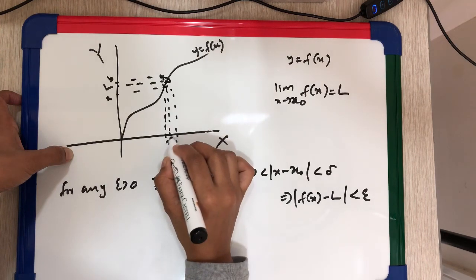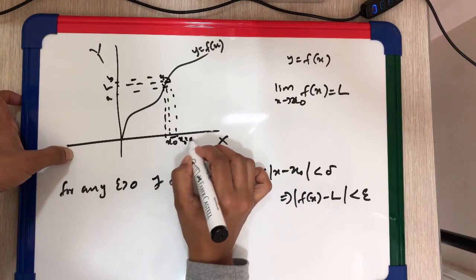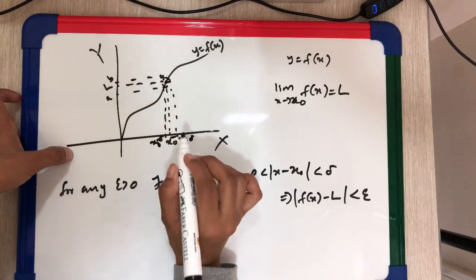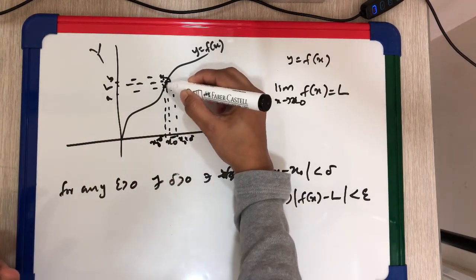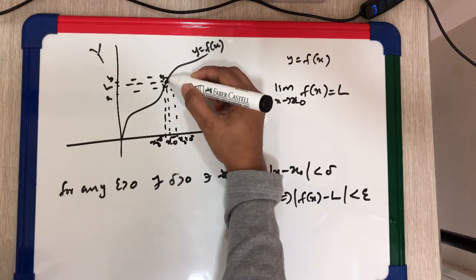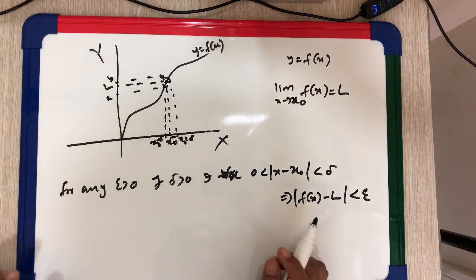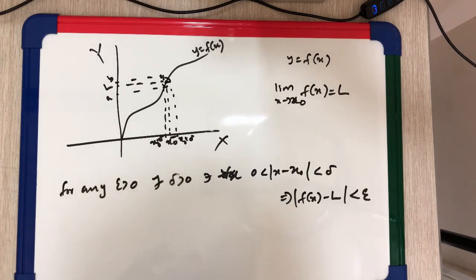We should get a delta distance, x0 plus delta, x0 minus delta. We should get a small delta keeping this function within this limit for any epsilon greater than 0. We will understand the concept more clearly while doing the exercises.